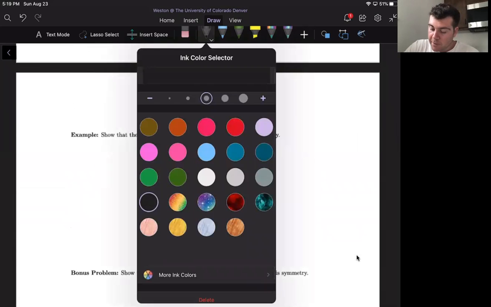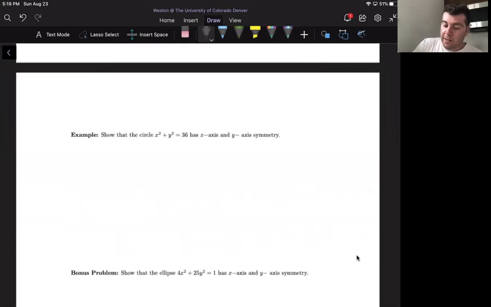Now we're going to jump into something we haven't talked about before. That's a circle. So you remember that this equation defines the graph of a circle where 36 is our r squared.